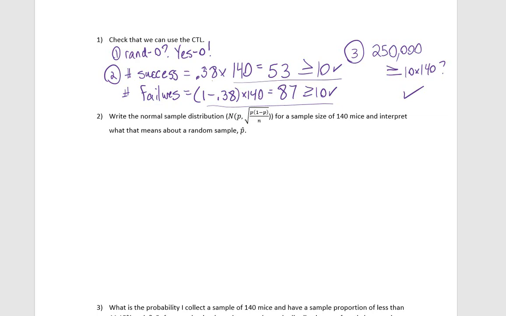Now what we want to do is write the normal sampling distribution for a sample of size 140 and interpret what that means about a random sample.